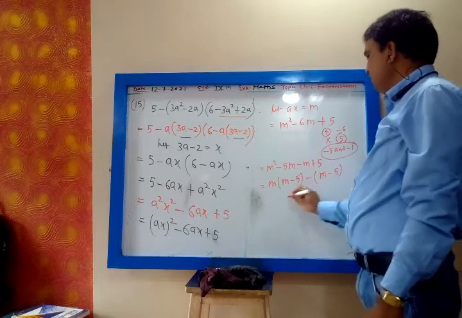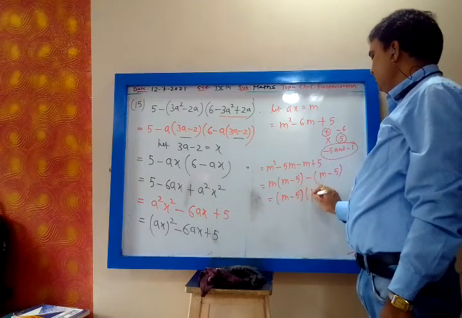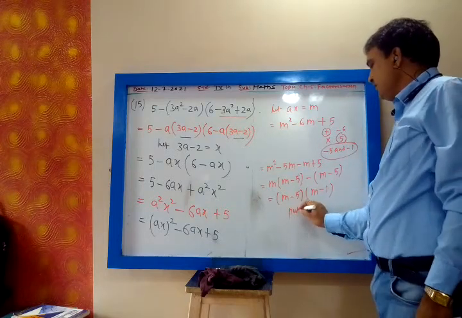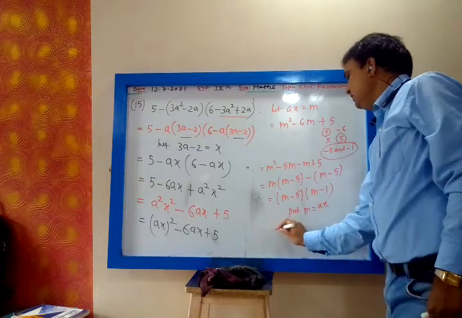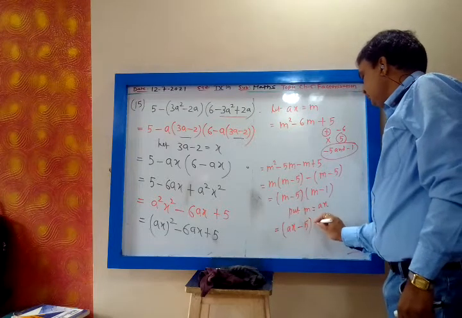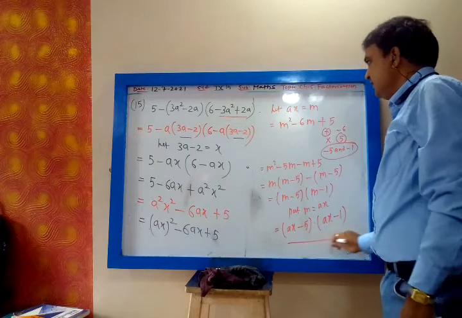So m minus 5 is common: m minus 5 into m minus 1. Put the value of m, m is equal to ax. So that becomes ax minus 5 into ax minus 1. This is the answer.